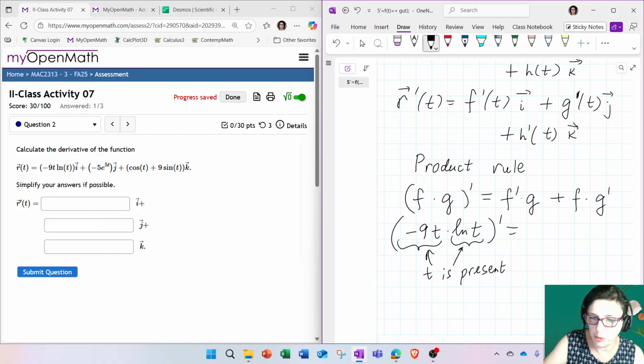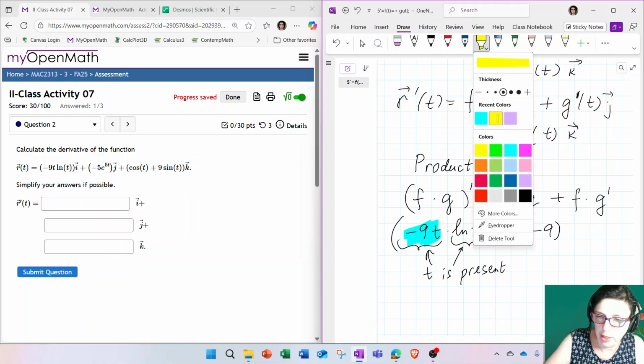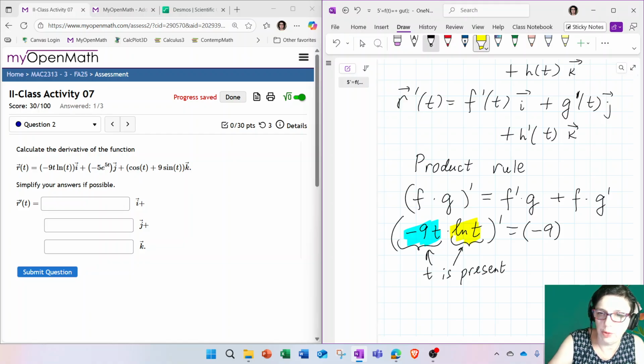Okay, so let's do it. According to the product rule, we take first the derivative of the first function. This is your f. And the derivative of negative 9t is just negative 9. Remember, negative 9t is a line, the slope of that line is negative 9, and the derivative is the slope. So that's where you get that negative 9 from. Multiplied by g, and g is natural log, so that's going to be no change. By the way, never try to put that negative 9 inside the natural log. That does not work.